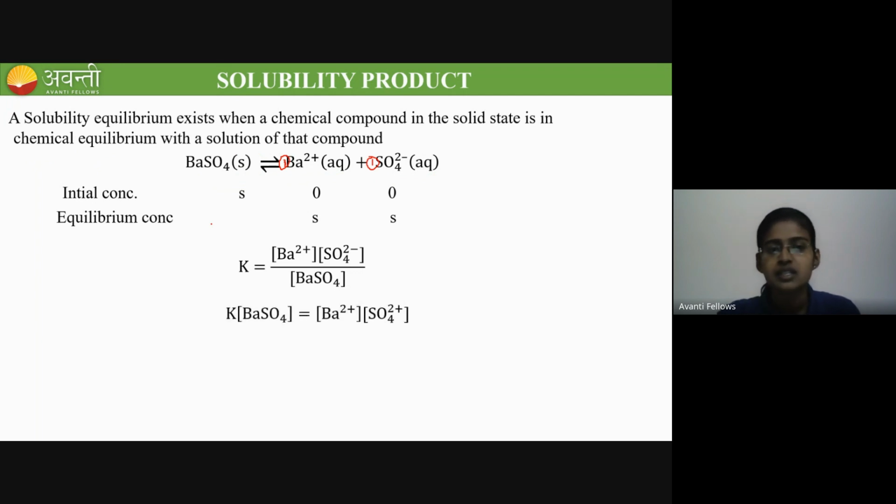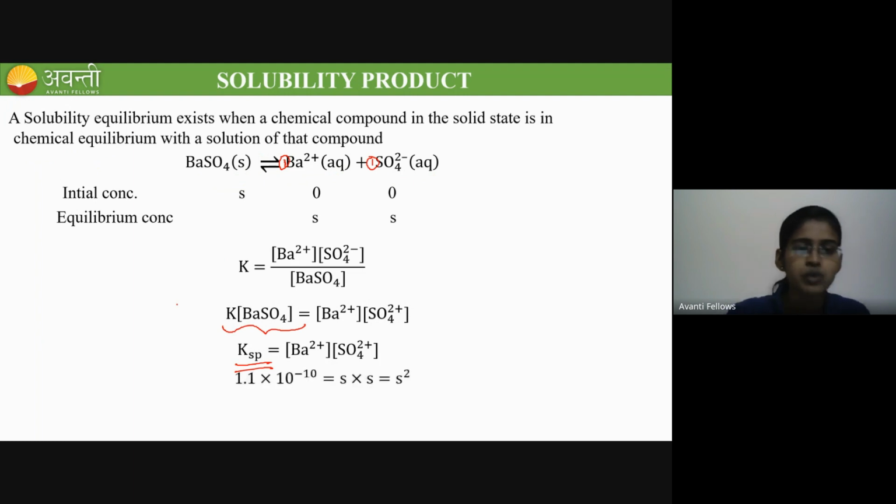This K into the concentration of barium sulfate is represented as KSP, and this KSP is called the solubility product. For barium sulfate, the solubility product will be approximately 1.1 into 10 to the power minus 10. It is equal to, just substitute.